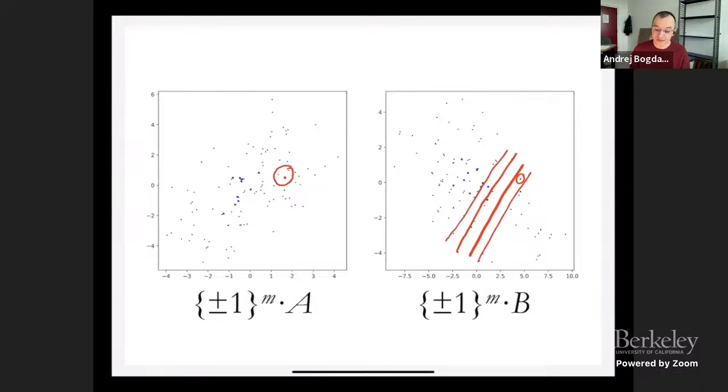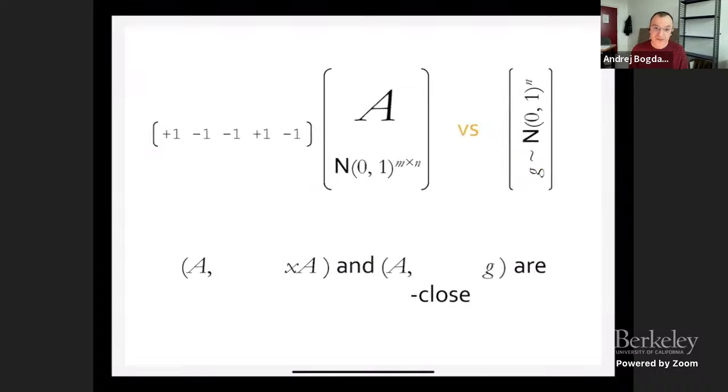And in what sense is it statistically close? So this is the technical claim: if I take a normal matrix A, I hit it by a random plus minus one vector on the left, and then I compare the output of this matrix to a Gaussian vector, conditional on the choice of A. So I fix A, and then I compare the distribution of x times A with a Gaussian vector, and this should be close to one another.